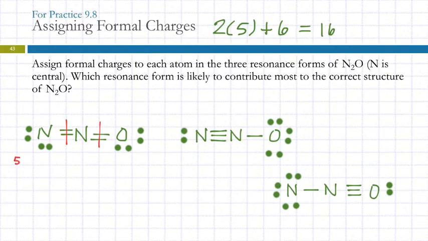So it came in with 5, and how many is it leaving with? 6. So that's -1. The nitrogen in the middle also brought 5 in, and it's leaving with how many? 4. So that's a +1. And the oxygen over here brought 6 in, and it's leaving with 6. And so that's 0.